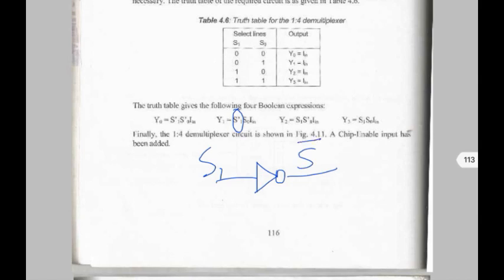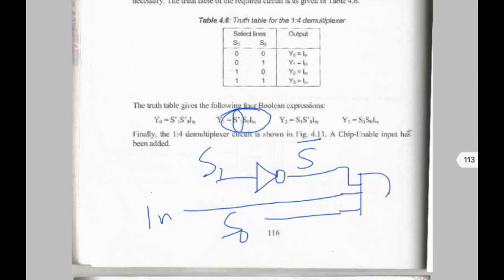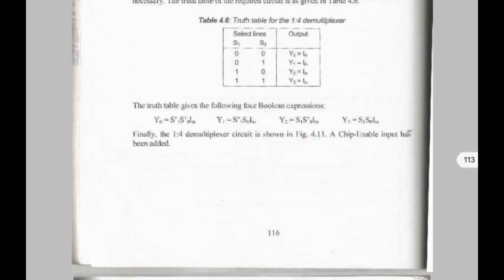Then you add it with S0, so you have S0 there, and you have I in there. So these 3 are simply ANDed, isn't it? When they come outside there, this is your y0. This is y1, right?